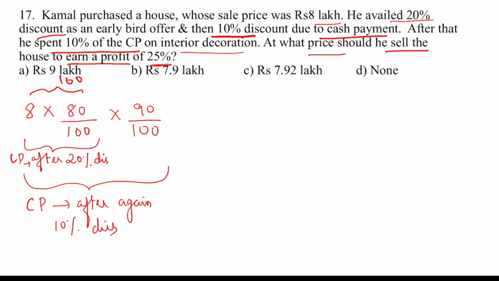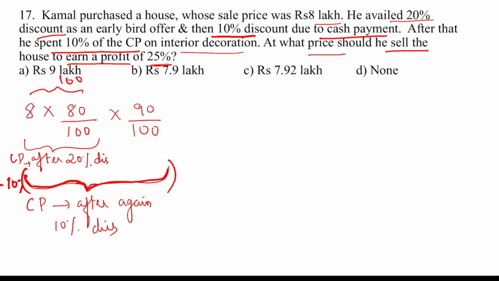Then after that he spent 10% of the CP on interior decoration. Now this is the whole cost price, isn't it? So 10% of this whole cost price he spent on interior decoration.